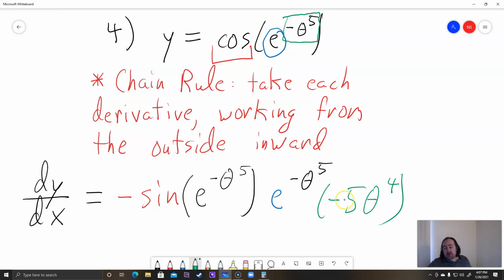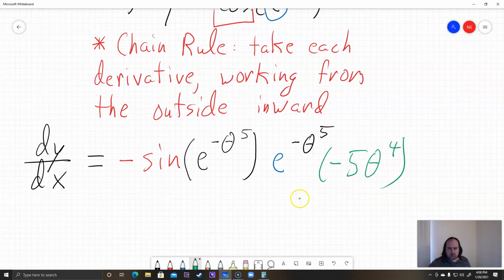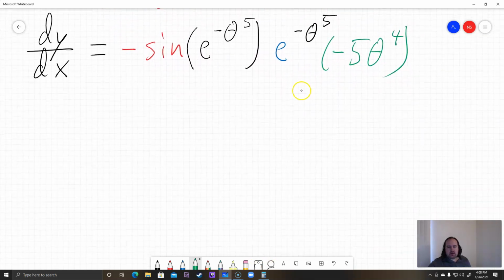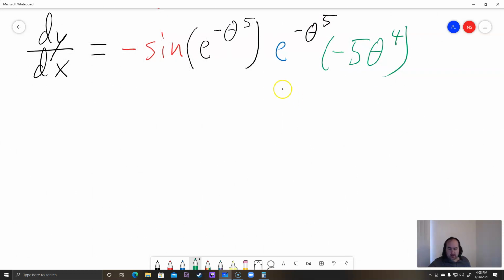Then I multiply that times the derivative of my innermost function, negative theta to the 5, and using the power rule, we get negative 5 theta to the 4. Those can be tricky, but once you understand how they work, they're actually pretty quick to do. We're already pretty much done with the problem.